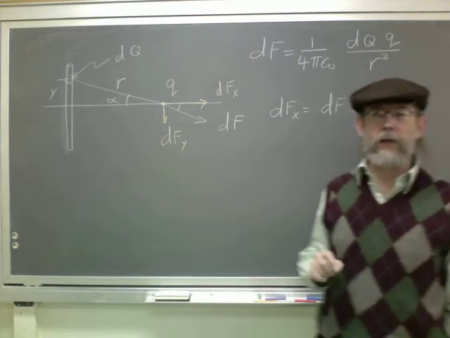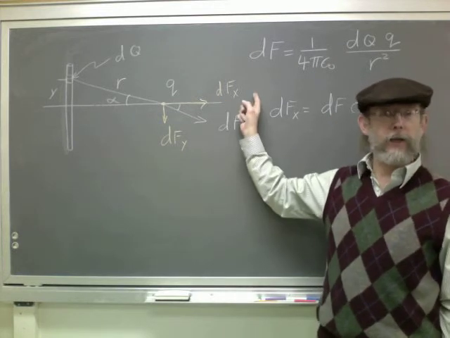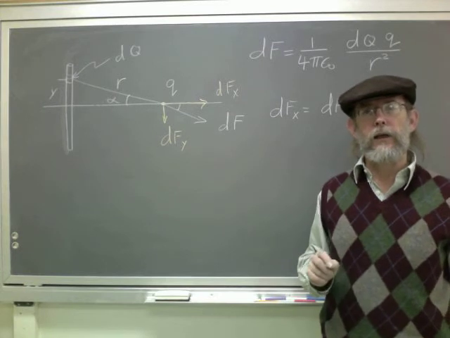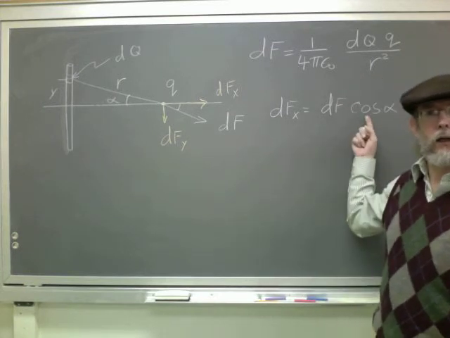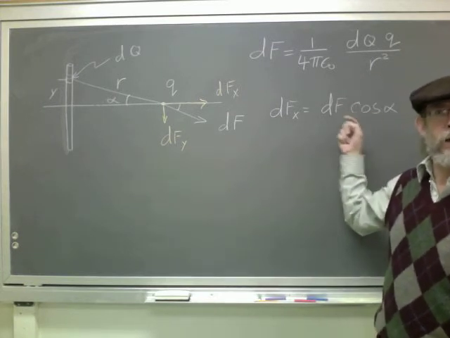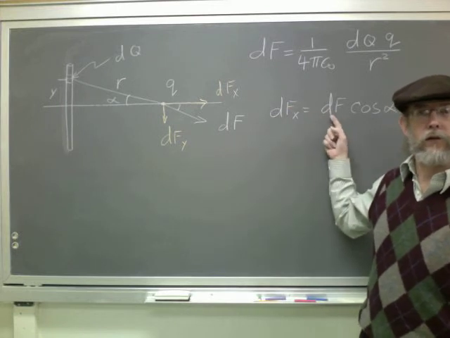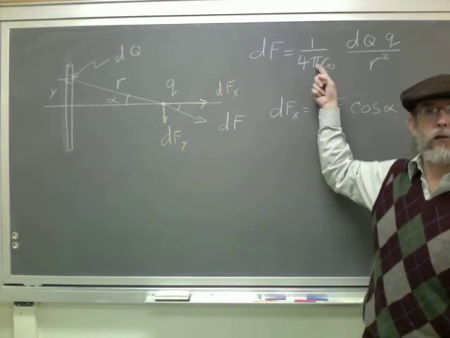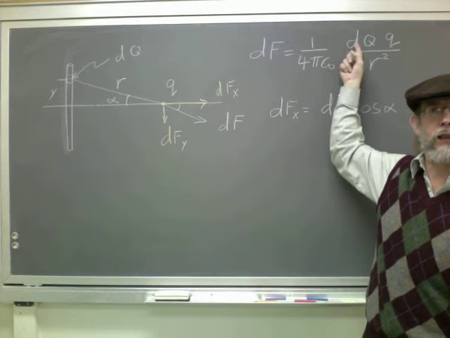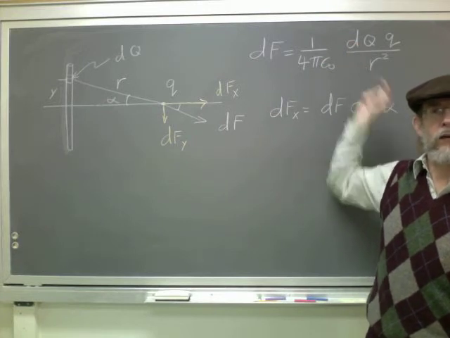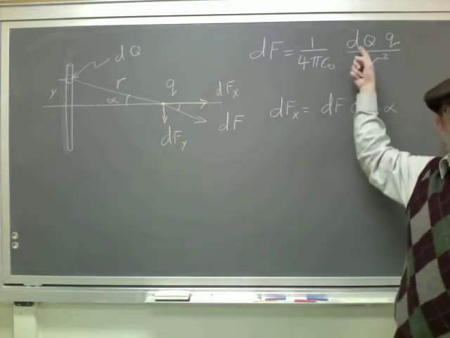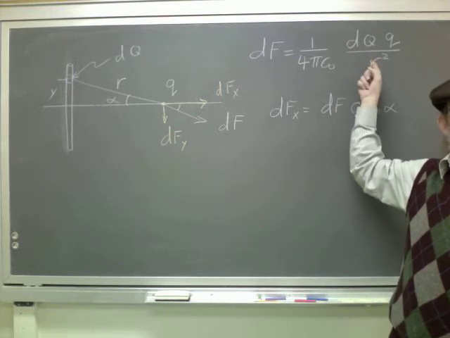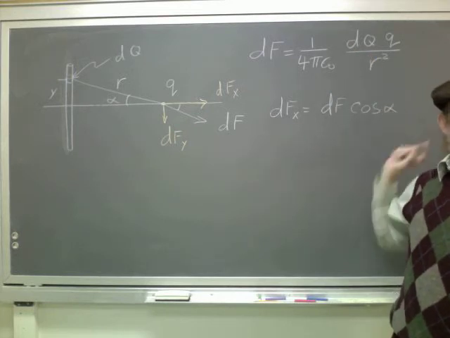That means that in order to describe dfx, clearly I would need to be able to describe alpha, or cosine of alpha, and to describe df. df is described up here, and it's described in terms of dq and r. Well, if I look at all of those things, I see that dq is a variable, r is a variable, and alpha is a variable.